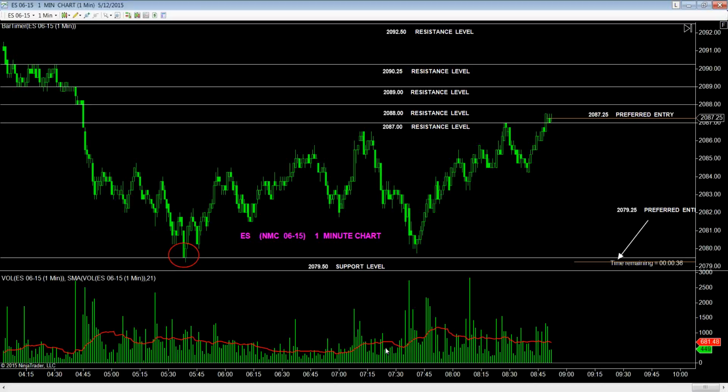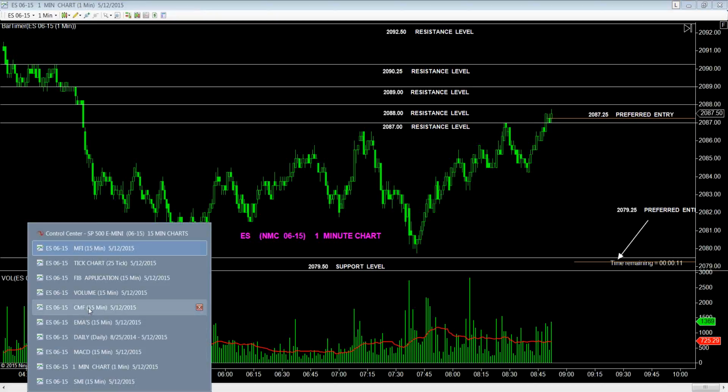ES near contract month June 2015, 1-minute chart. MFI on another screen remains clear to be long.